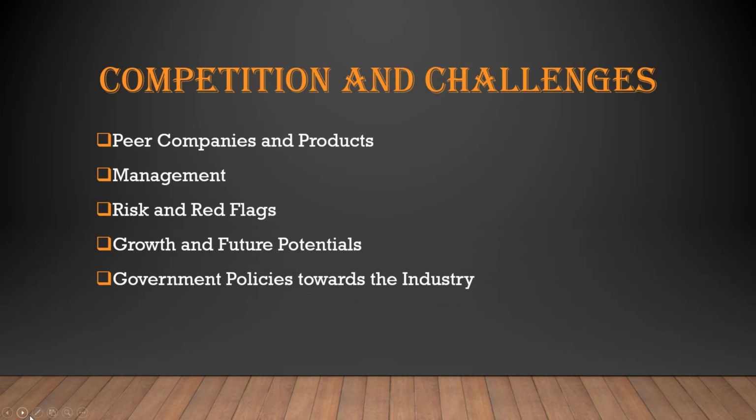The next one is government policies towards the industries. If government policies are very favorable to an industry, then the industry will grow really well. For example, the current government policy in India is towards green energy.